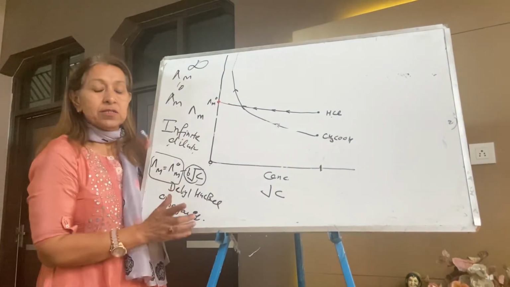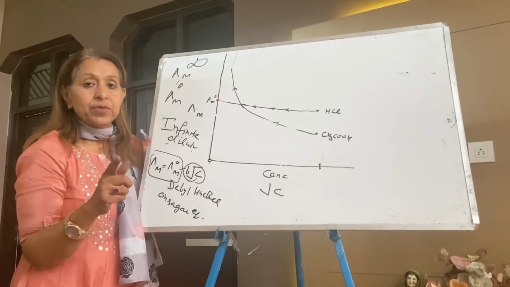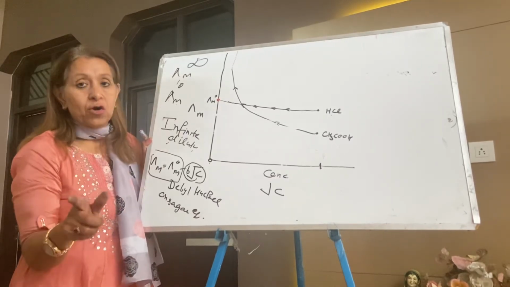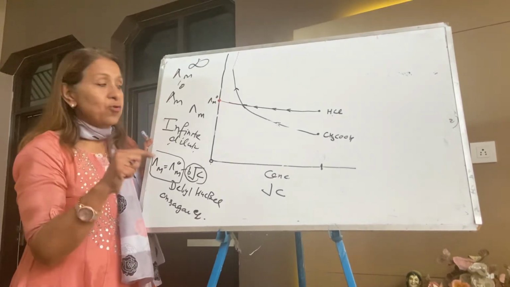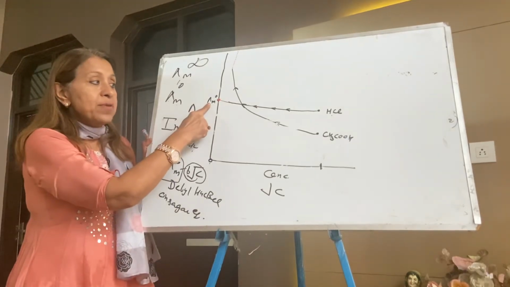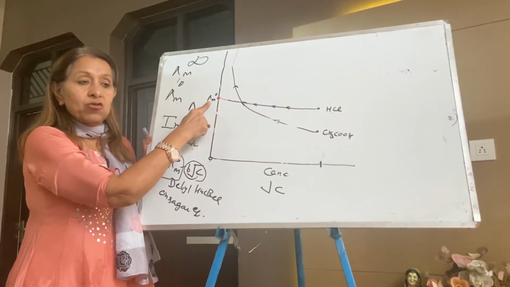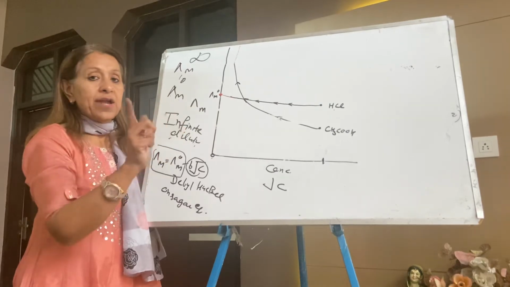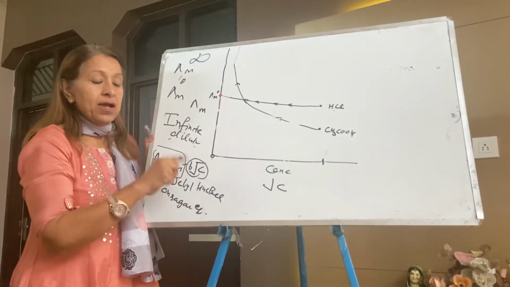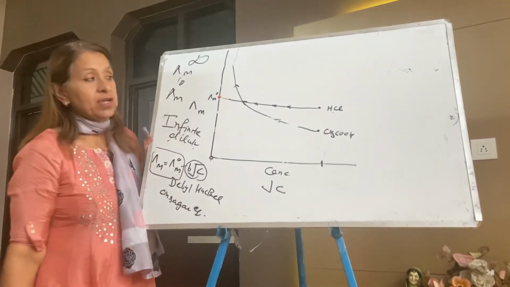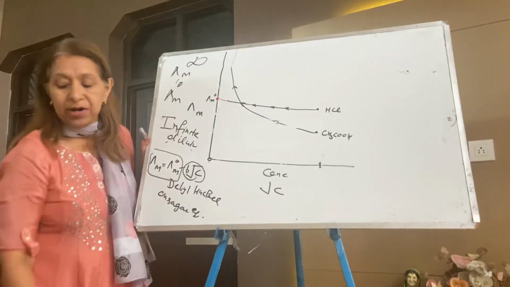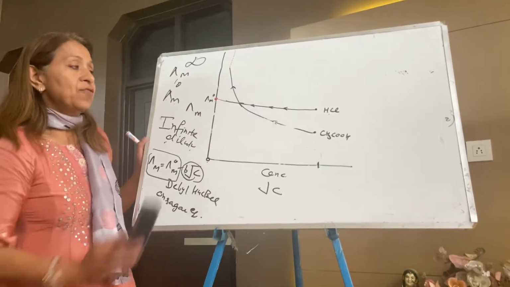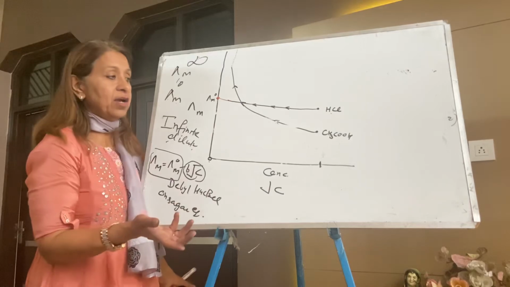So students, from this graph, we can and we cannot. We can calculate lambda m naught of a strong electrolyte easily, but we cannot calculate lambda m naught of a weak electrolyte. It's a very important graph. I think 3-4 theoretical questions are clear.